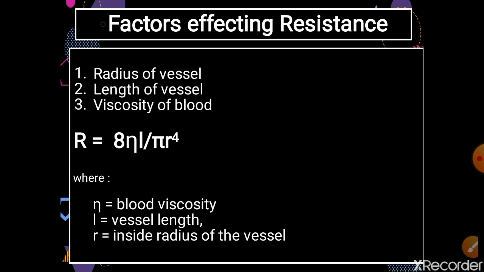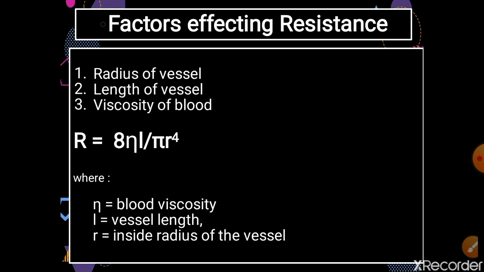R is equal to 8 eta L divided by pi R to the power 4. In this formula, 8 and pi are constants, while viscosity is denoted by eta and length of the vessel is denoted by L and radius of the vessel is denoted by R.